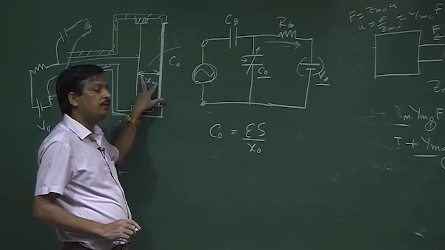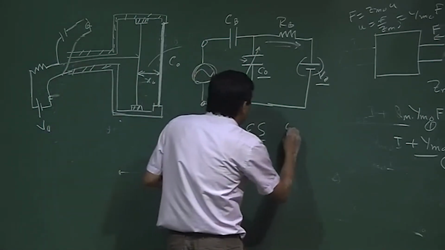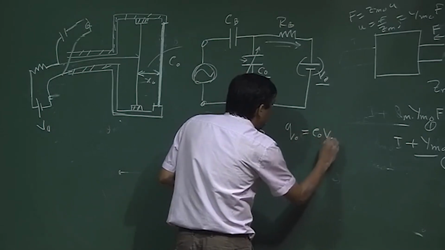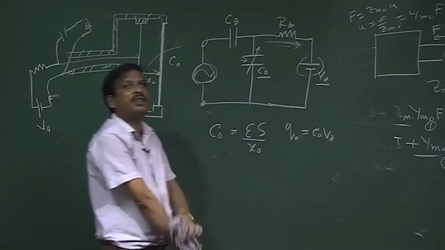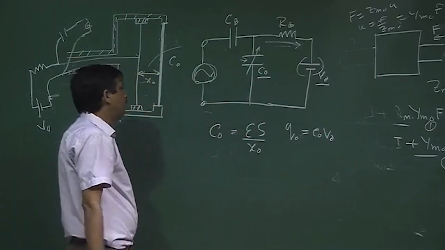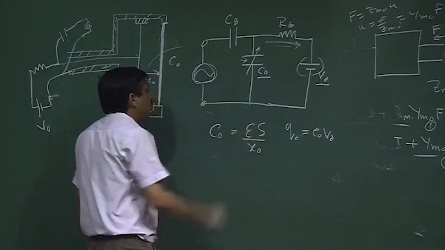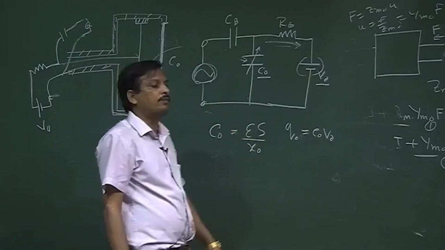That is the capacitance. And the charge on the capacitor, Q0, is C0 times the voltage V0.